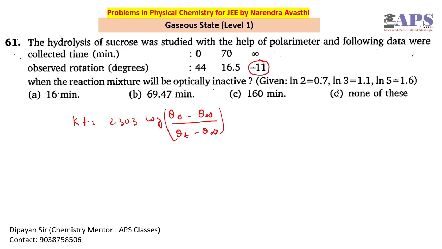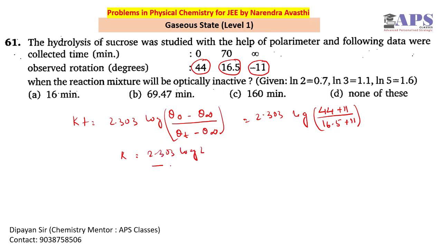This is our theta infinity, this is our theta 0, and this is our theta t. So we can write 2.303 multiplied by log (44 plus 11) divided by (16.5 plus 11). So k will become 2.303 log 2 divided by 70.